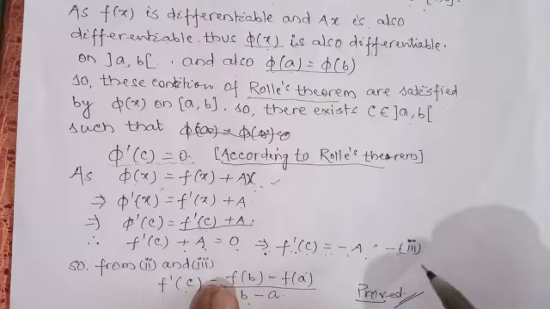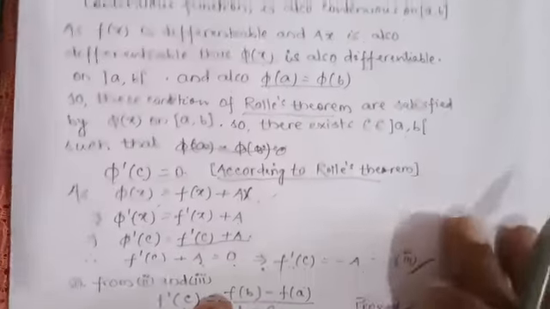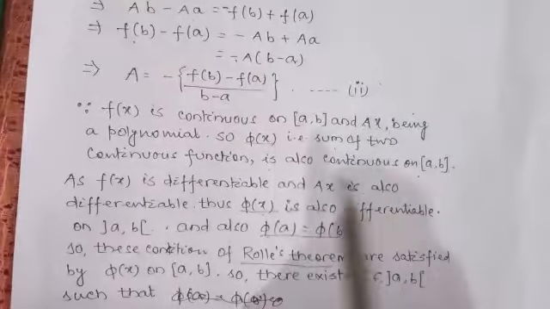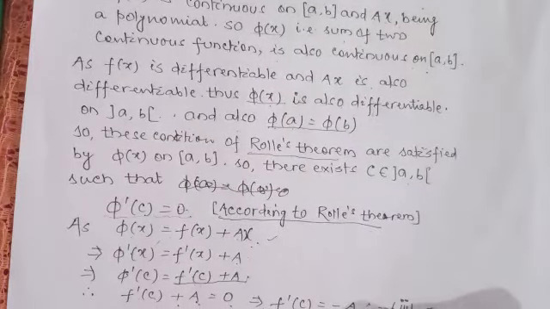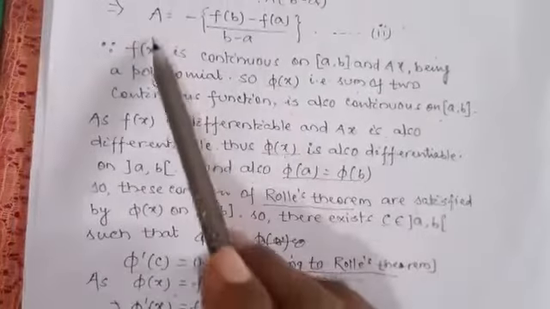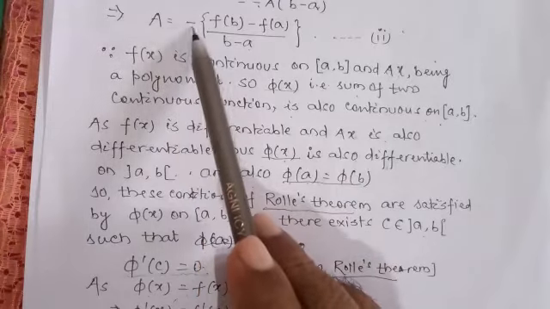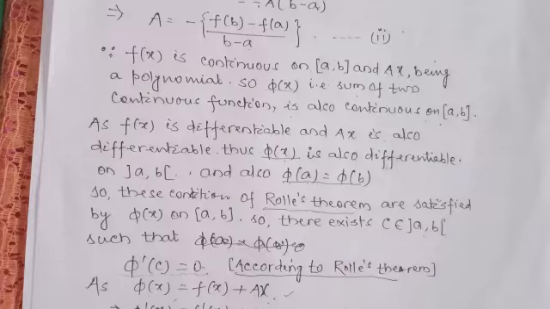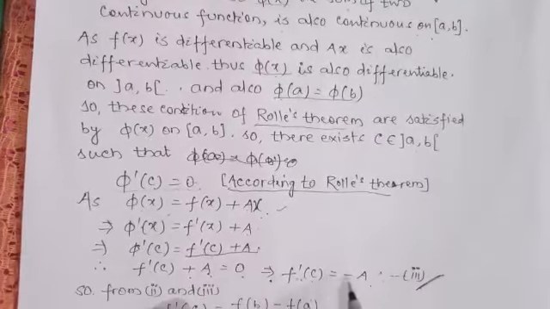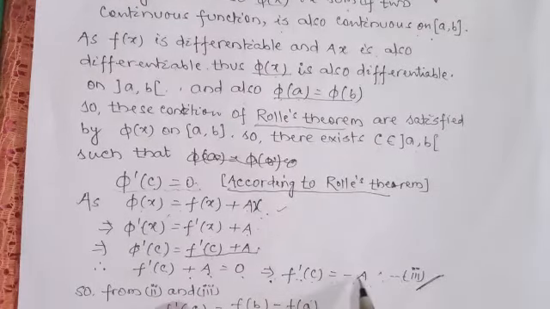Now compare equation 2 and equation 3. Equation 2 means a is equal to minus fb minus fa upon b minus a, and equation 3 means f dash c is equal to minus a.